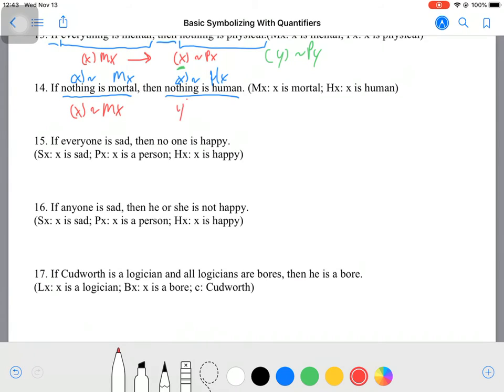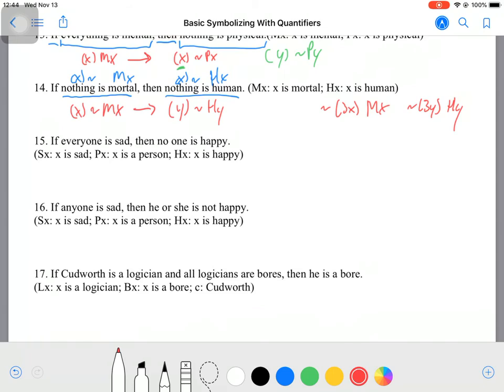Nothing is human: for all Y, Y is not human. And then add an arrow for the if-then statement. You could also translate these as not the case that there exists an X such that X is mortal, or not the case that there exists a Y such that Y is human. Those are also equivalent and acceptable translations.